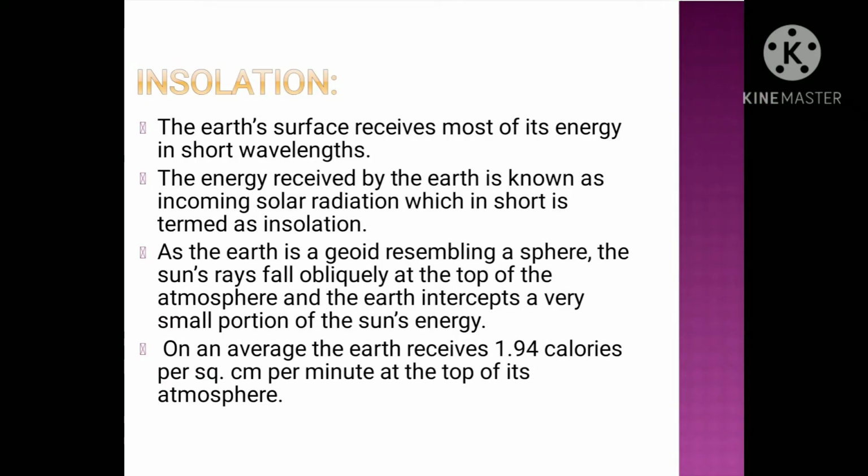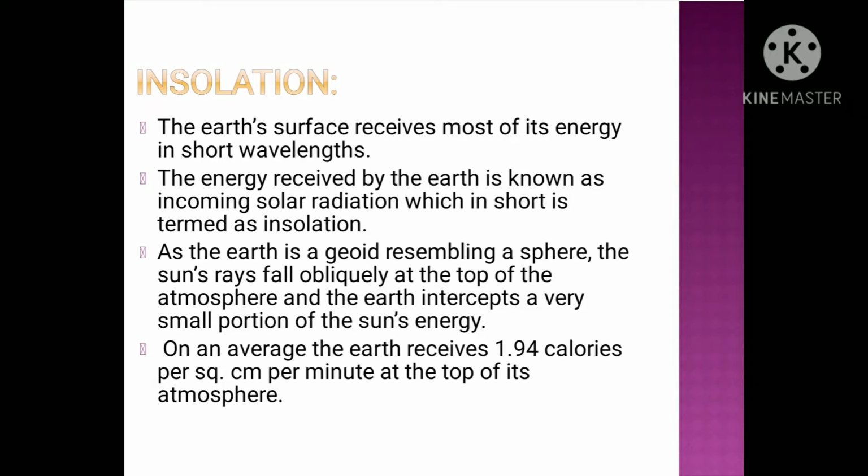The first topic of this chapter is insolation. The Earth's surface receives most of its energy in short wavelengths. The energy received by the Earth is known as incoming solar radiation, which in short is termed as insolation. As we all know, the shape of the earth is geoid, which resembles a sphere.